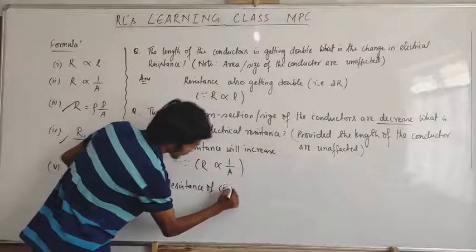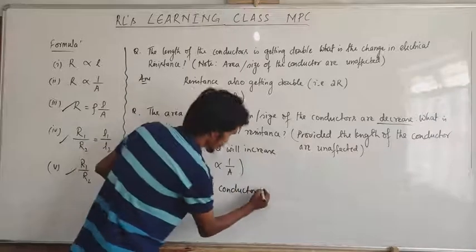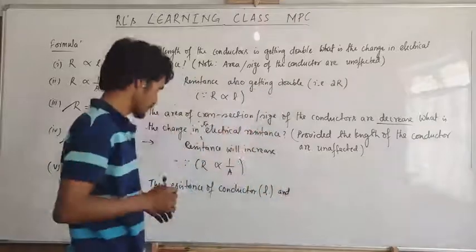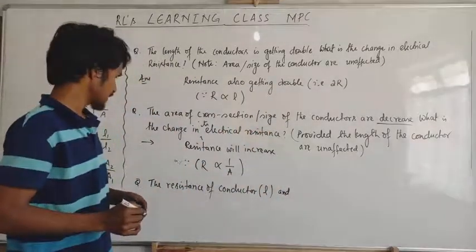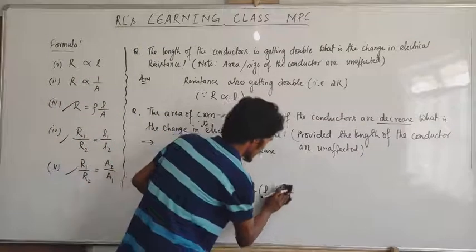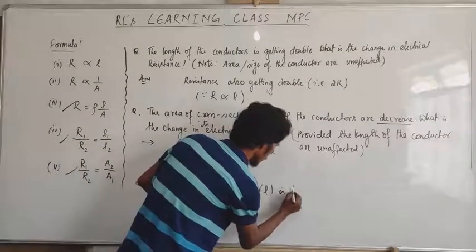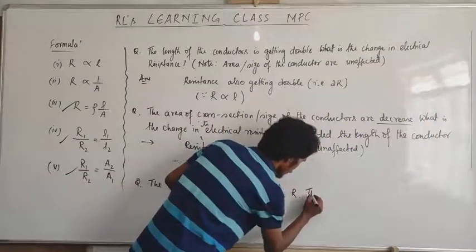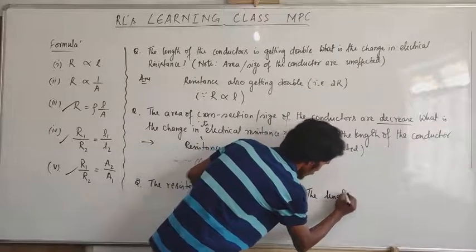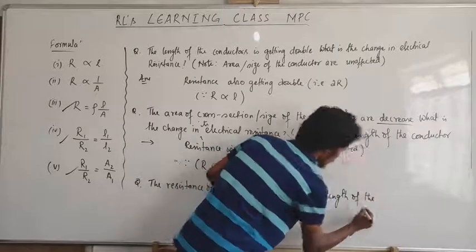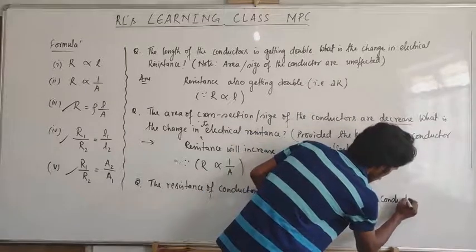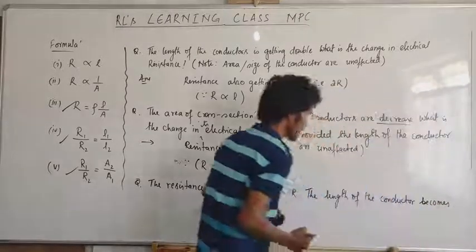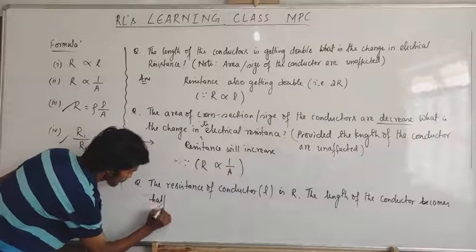Resistance of conductor L is R. The length of the conductor becomes half the original.